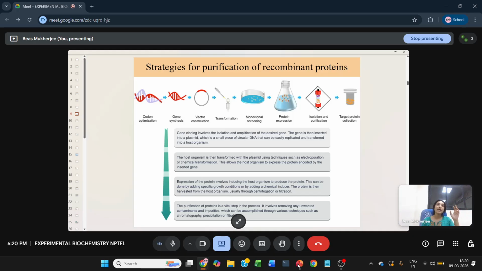For example, in the body of that bacteria, let's say for tryptophan, there is only one codon in bacteria, and that is UGG. But for, let's say, leucine, there are many codons. For other amino acids also, there can be many codons.